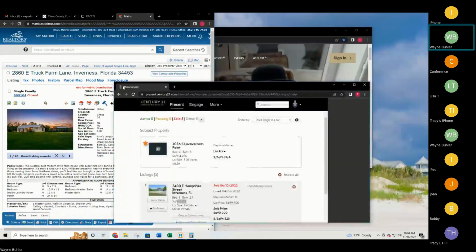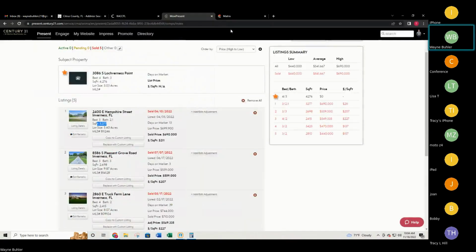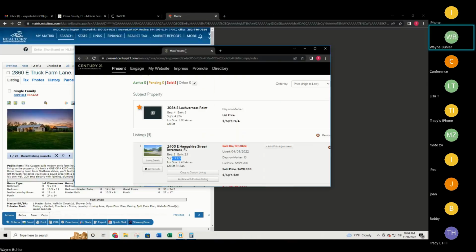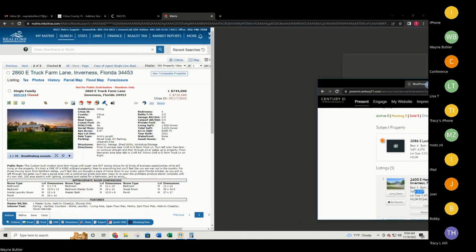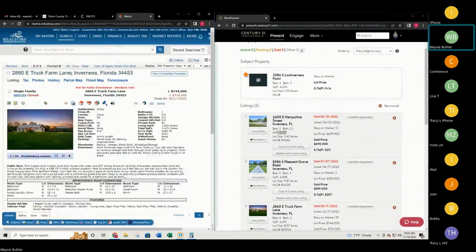If I grab my Moxie tab and bring it over to the side of the screen, it gives me half, and then it says, which other half do you want? I select the other side that I want, and now I have side by side on one screen. You could group the tabs at the top too, like MLS, Moxie. Yeah, I'm not going to go into that.